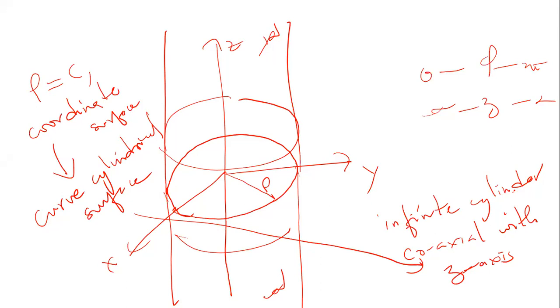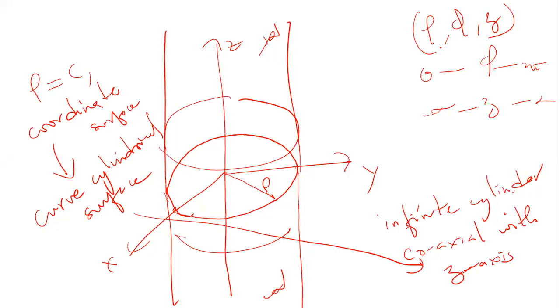Okay, rho equal to C1 surface. So there you see that in this rho, phi, z coordinate system, the rho equal to C1 surface is no longer a flat surface, it's a curved surface.